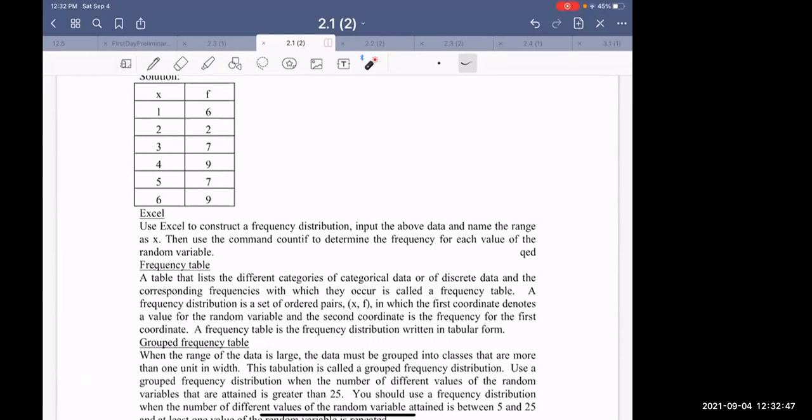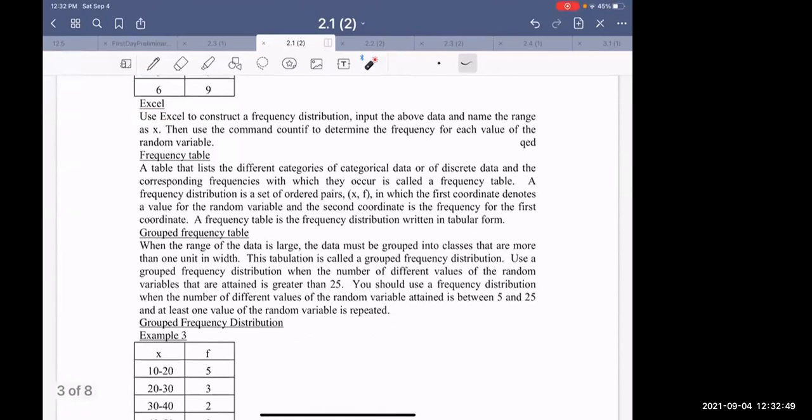Now, what if your frequency table has a lot of different categories? So if all of a sudden, let's say your raw data is 1 million data points, and it takes on 10,000 differing values.